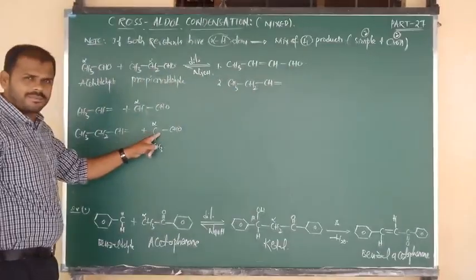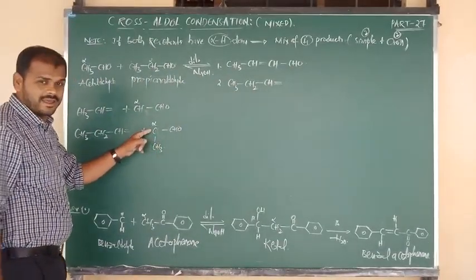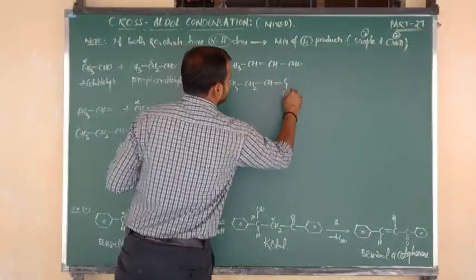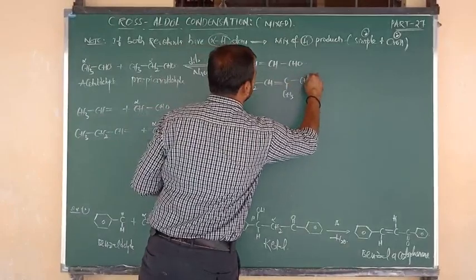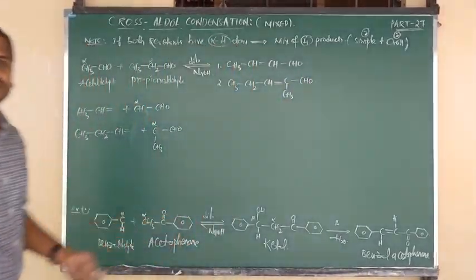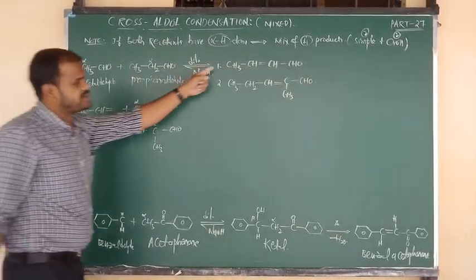And here from the alpha carbon CH2 will be there, but we removed H2 in the form of a water molecule. The remaining C is there, with CH3 below the plane, and C is connected to what group? CHO.